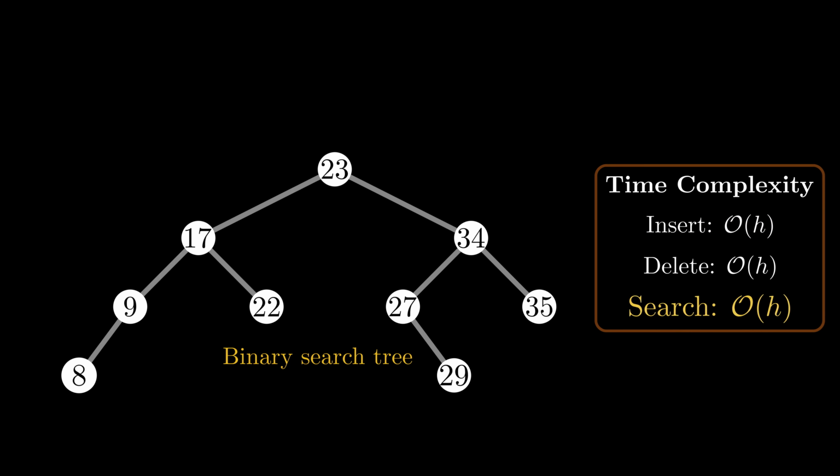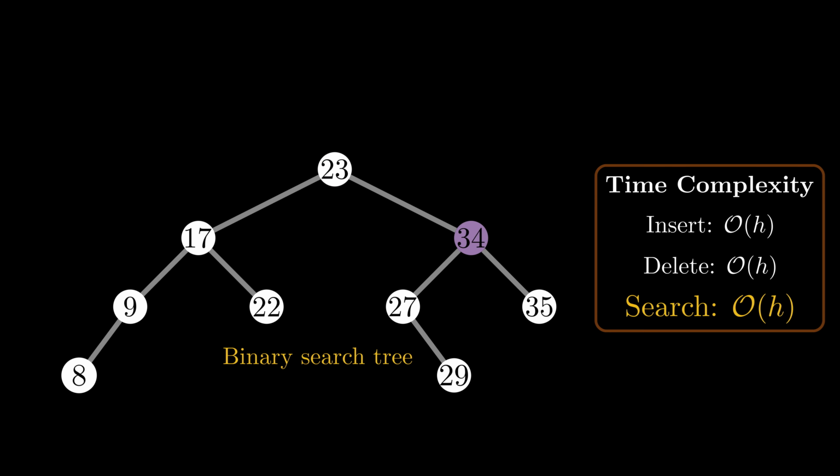Also for the search operation we have to traverse, in the worst case, as many nodes as there are layers in the tree. When searching, for example, for the node with the key element 29, we have to check first whether 29 is smaller, larger, or equal to 23. Since 29 is larger than 23, we have to check in the right subtree whether 29 is smaller, larger, or equal to 34.